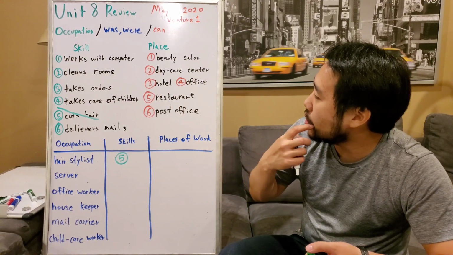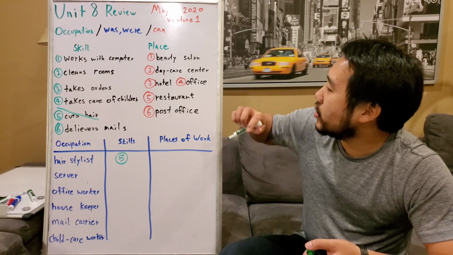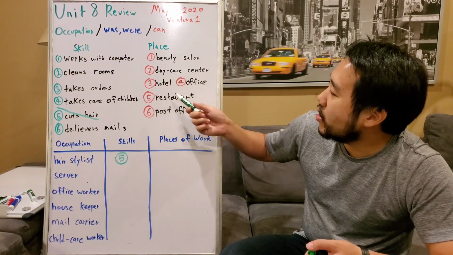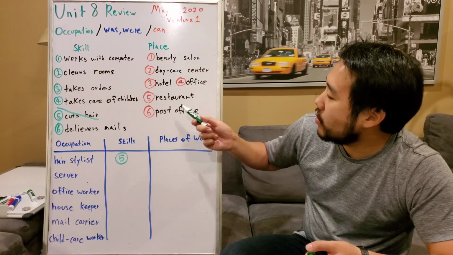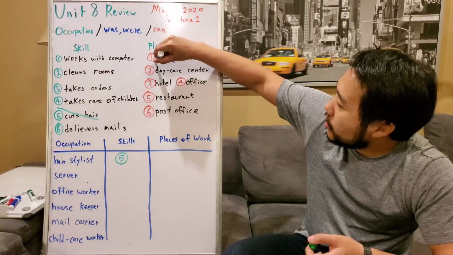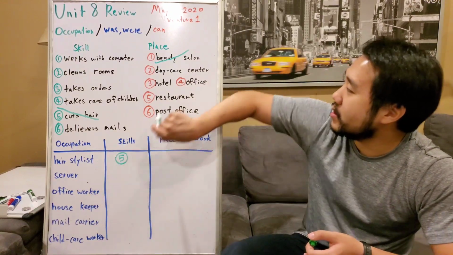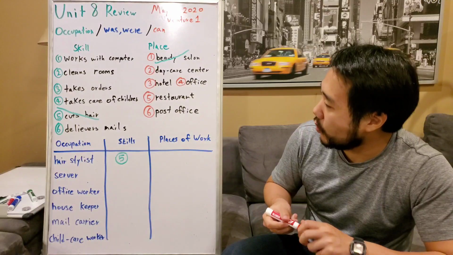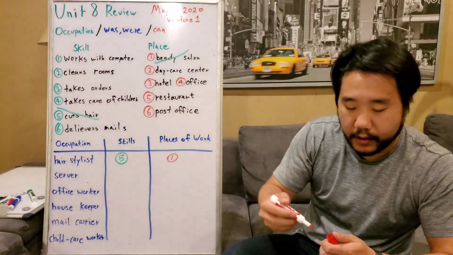Hairstylists usually work at a beauty salon, daycare center, hotel, office, restaurant, post office. And we can see that the place of work for a hairstylist is the beauty salon. So 1. That will be the correct answer.